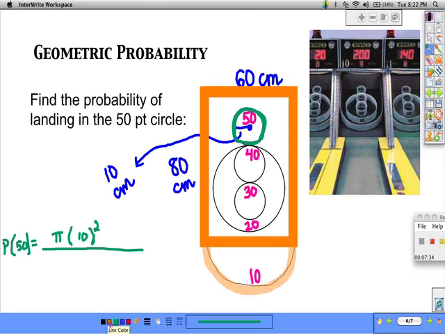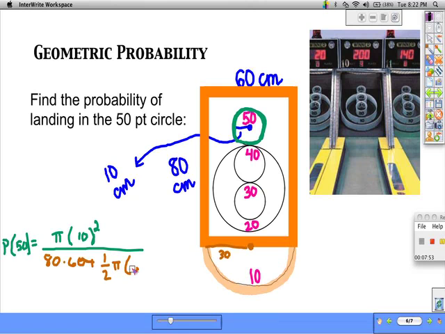And that box has an area of 80 times 60 plus the area of the semicircle that has a radius of 30. Then to figure out the probability, we're going to go to a calculator probably.